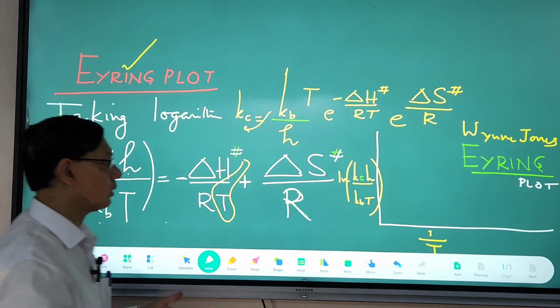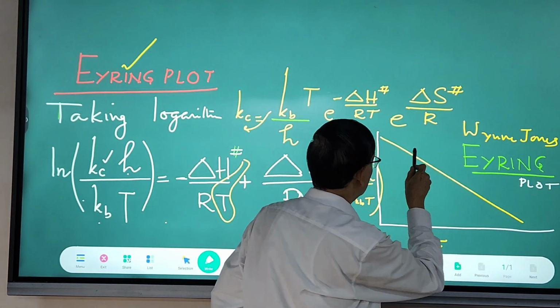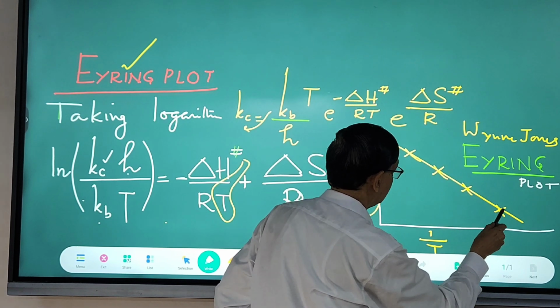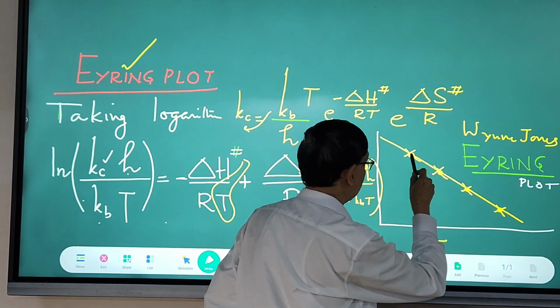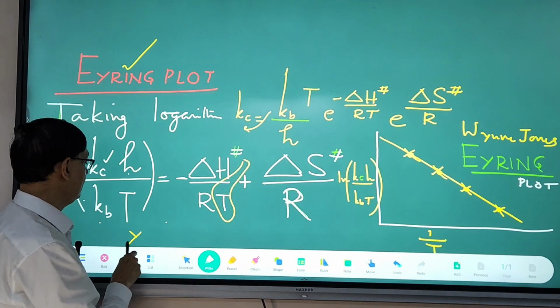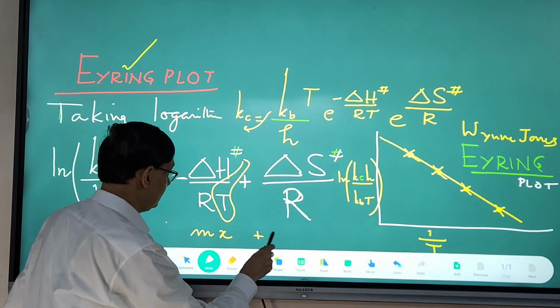And suppose you are using 4, so 1, 2, 3, 4, like suppose. So I am getting 4 values. Similarly, straight line equation, y is equal to mx plus c.